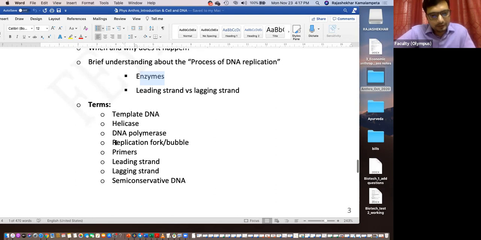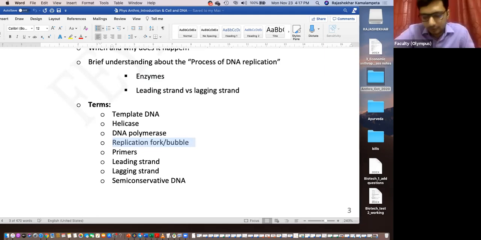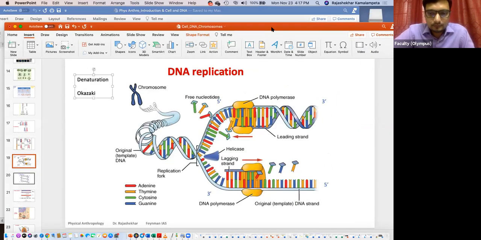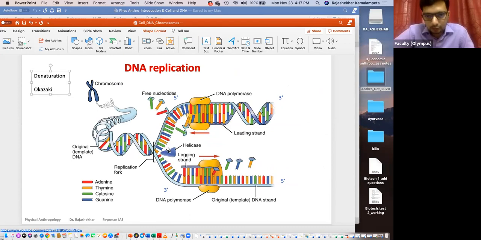I didn't specify the replication fork or replication bubble, but did you figure it out by watching the video? Why is it called a fork? When the helicase opens up, the whole open structure looks like a fork because it opens up like this. This is called a fork. This is called a bubble.